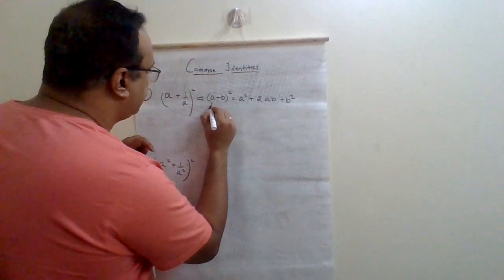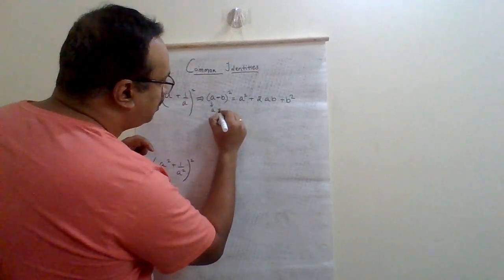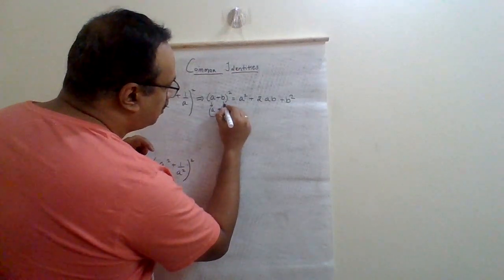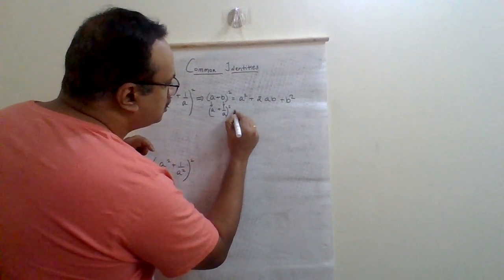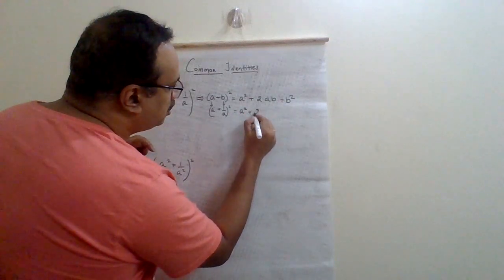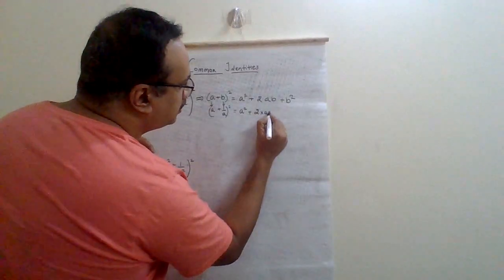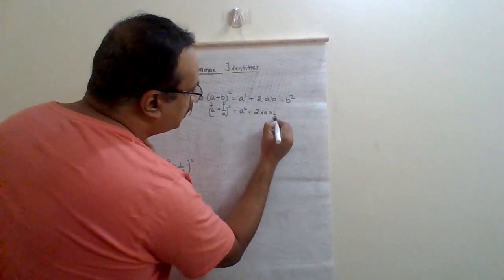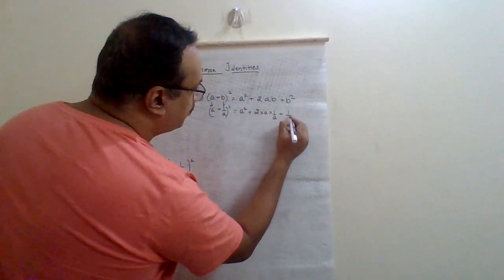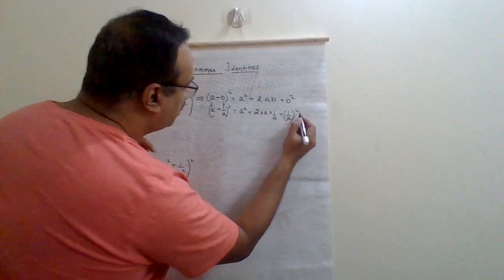Now a is a, b is 1 by a. This is equal to a squared plus 2 times a, what is b? 1 by a, plus b is what? 1 by a, the whole squared, right?